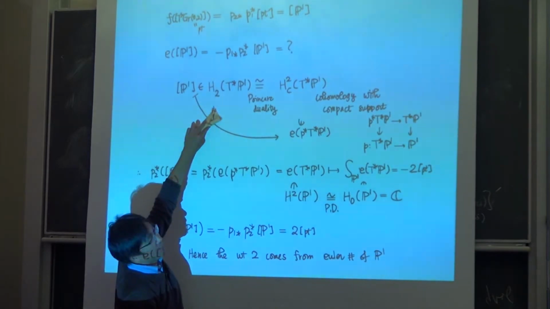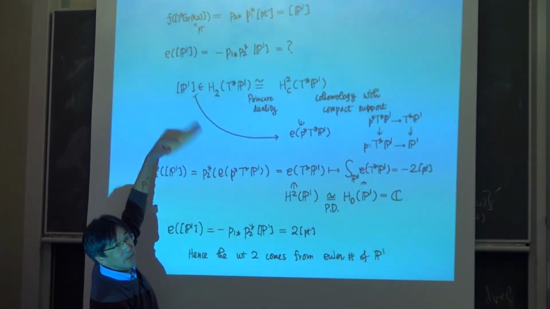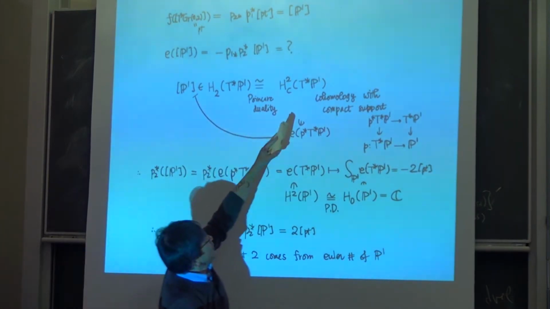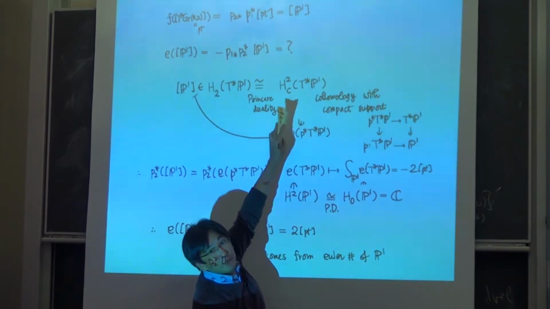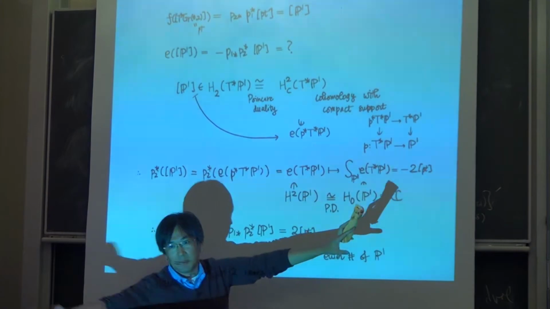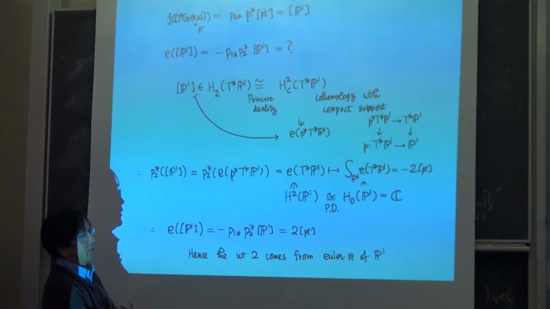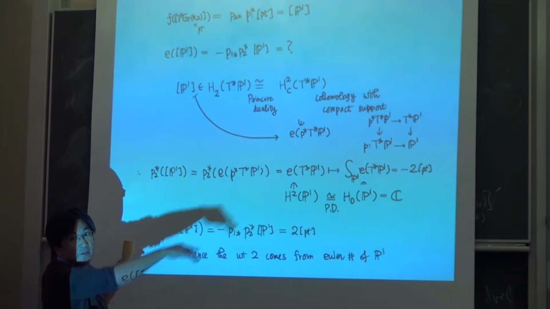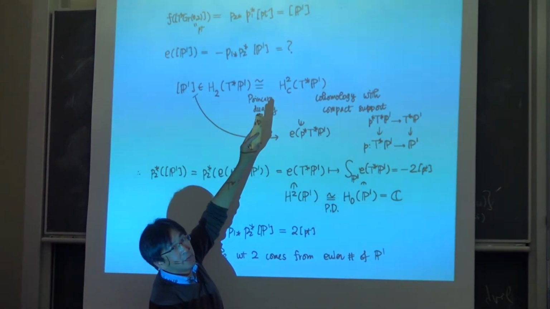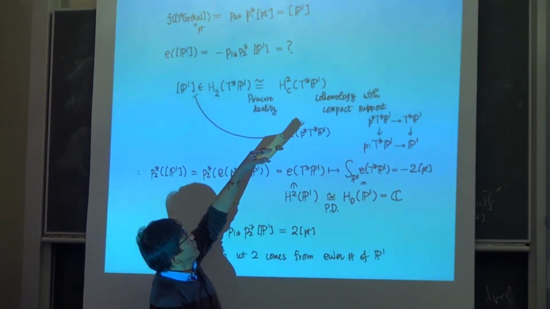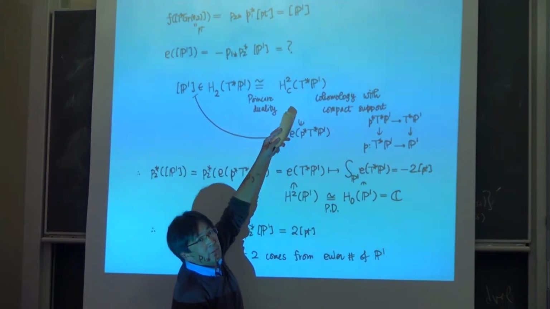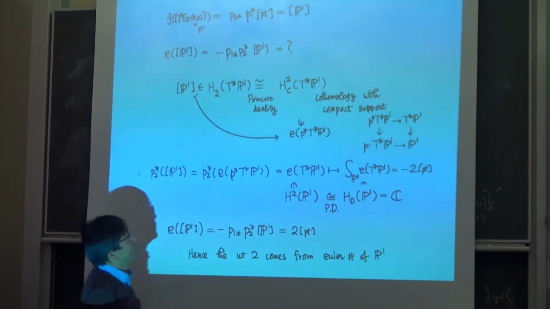On this space, you can push forward to a point, which corresponds to integration in Poincare duality. But if you consider the cohomology group with arbitrary support, then it's a differential form which may diverge at infinity at the non-compact pieces. So the integration does not make sense in general, so that is not correct. You must consider the cohomology group with compact support. Then here you can make integration.